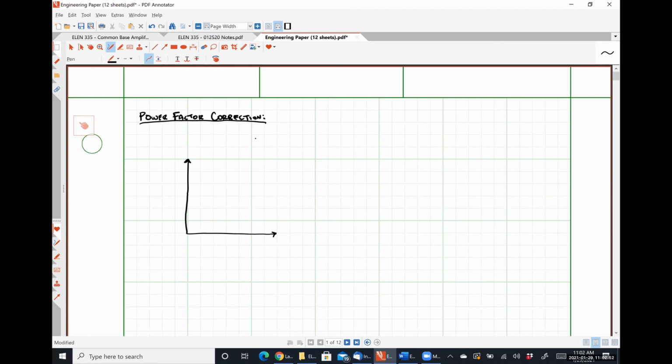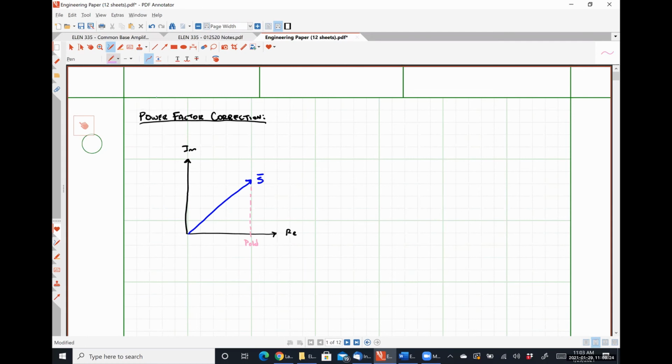So if I'm looking at my real axis here and my imaginary axis here, a generic inductive load might be something like this, where I'm going to project this onto the real axis. And I'm going to call this P old.